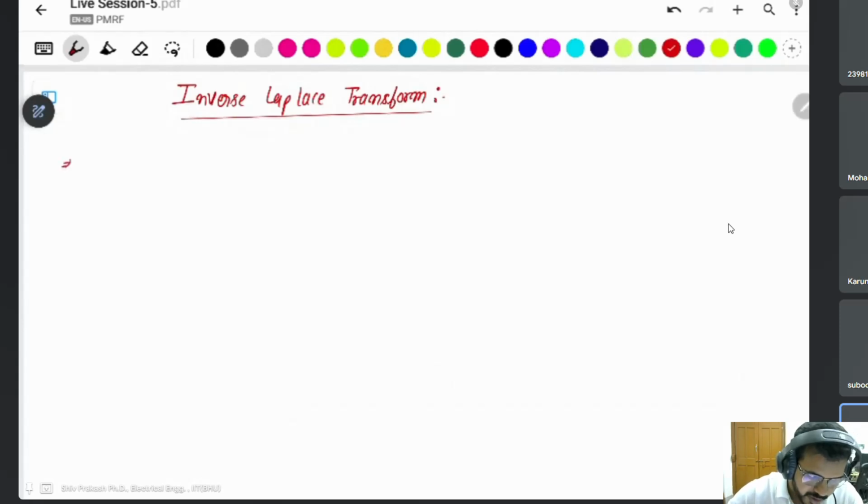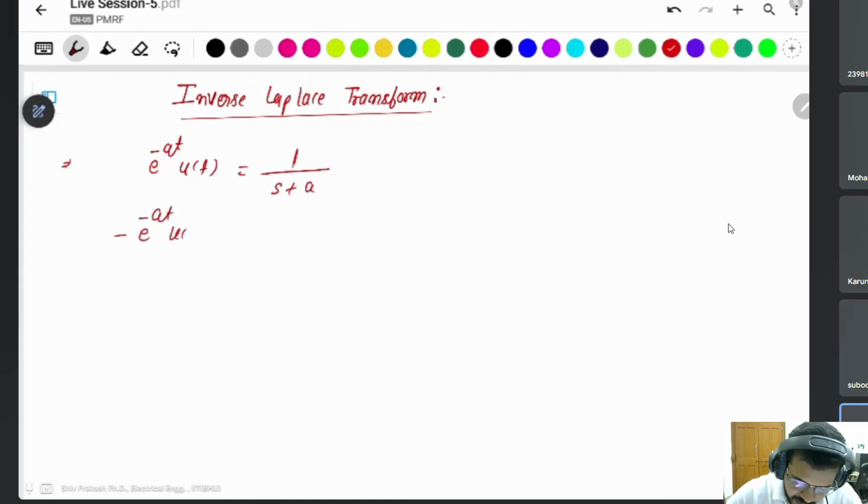Suppose in general way, you have maximum two of these things, for example e power minus at u of t, which will be 1 by s plus a. Another is minus e power minus at u of minus t, which is also the same Laplace expression.